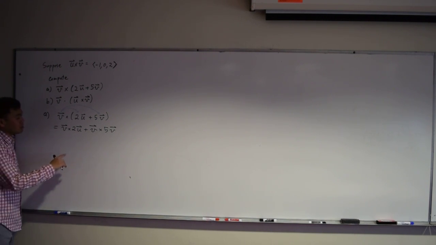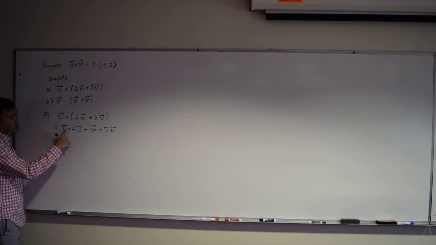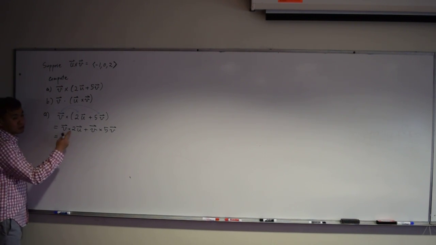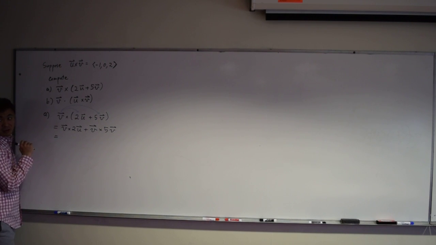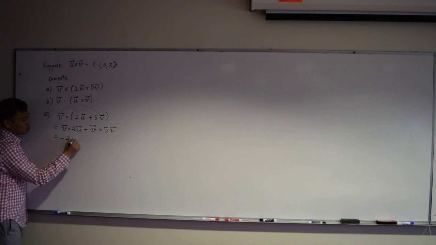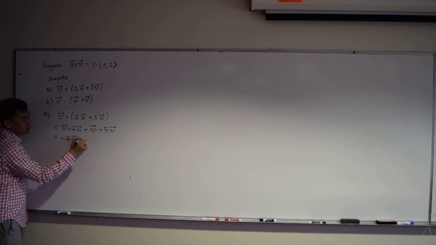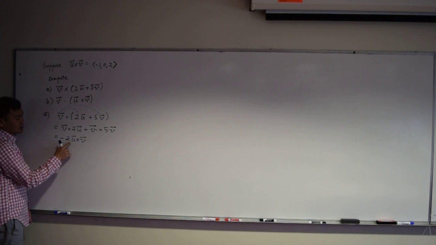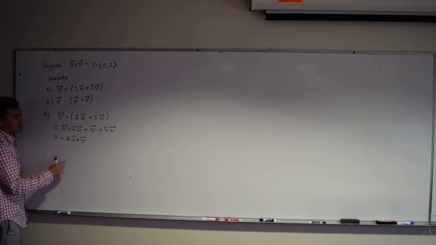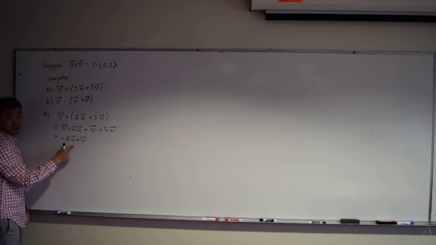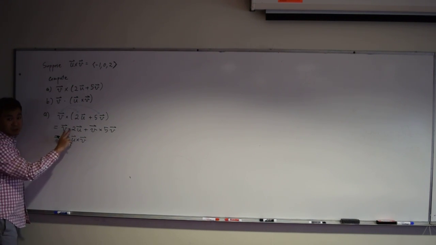In fact, if I switch these two around, it's negative. It's anti-commutative, right? So v cross 2u is the same as negative 2u cross v, and that's nice because I'm given u cross v, so I can use this now.